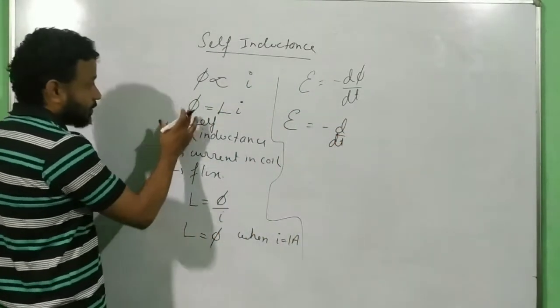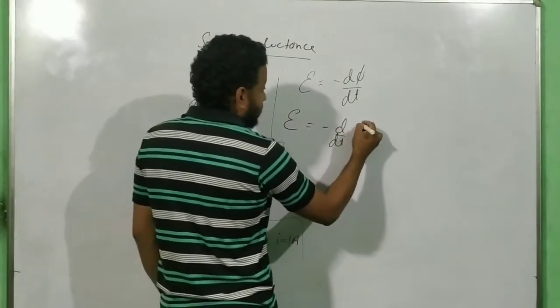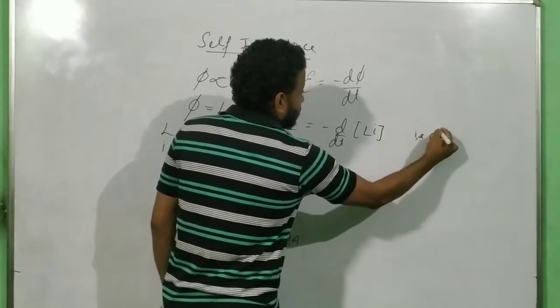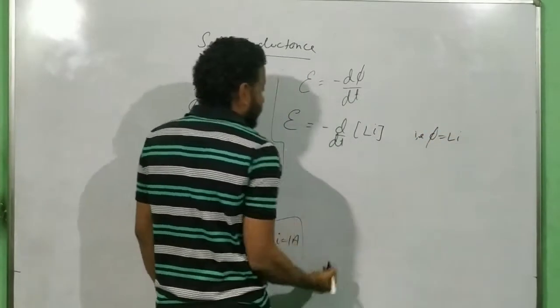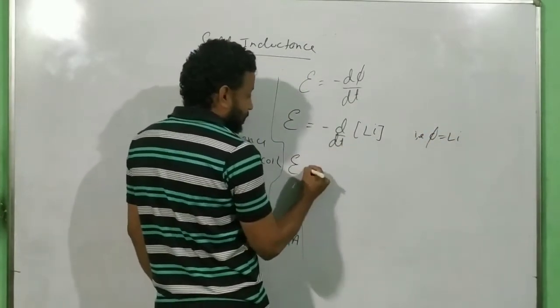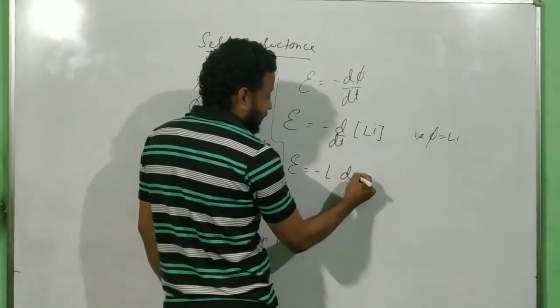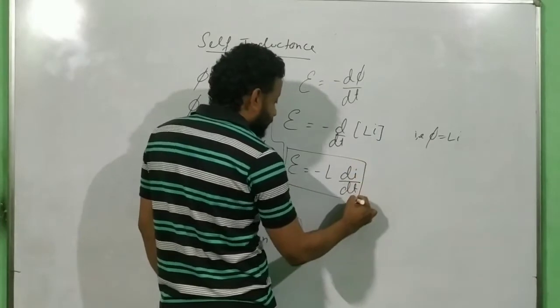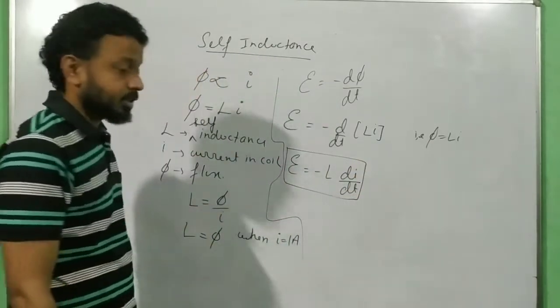We have got the value of phi as L times I. So L is constant, so I can take L common, and then I can write here L di by dt. This is also a very, very important formula of EMF.